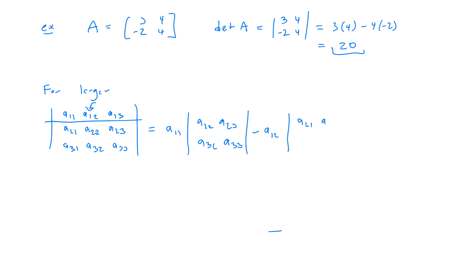So get rid of the first row and the second column. Again, that gets us a 2 by 2. And finally, the last one, A13: get rid of the row and the column it's in, so get rid of the first row and the third column.